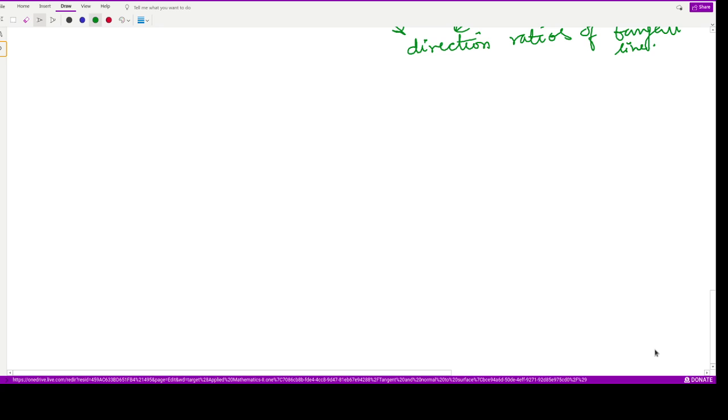So this is one case. Now suppose the equation is given in 3 dimensions. In 3 dimensions, the same equation would reduce to the following, and suppose in 3 dimensions your curve is defined by g of x, y, z is equal to 0. Now this is an implicit curve having a relationship between the coordinates x, y and z.